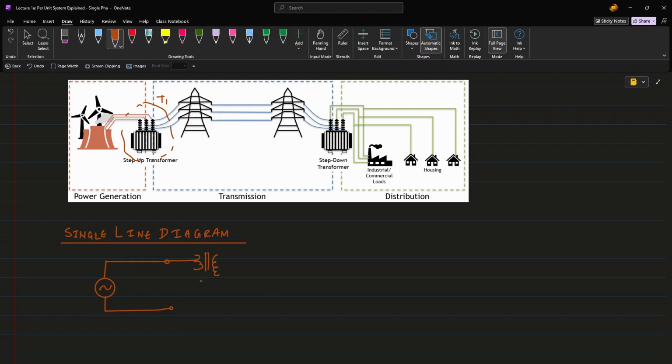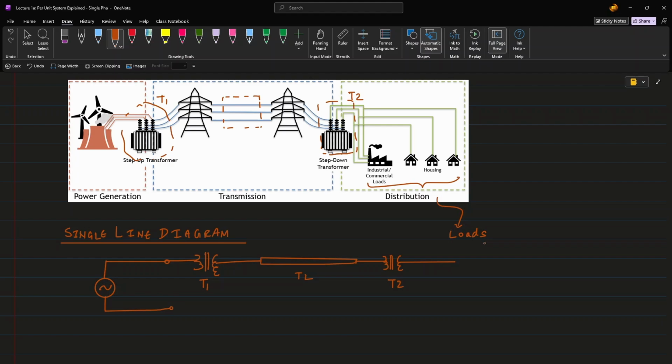This transformer is then connected to a transmission line as shown here. Followed by the transmission line TL, there is the step-down transformer. Let's label it as T2 for ease. Finally, we can represent the electrical loads in the single line diagrams.